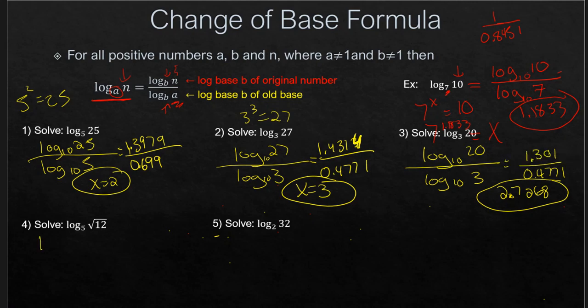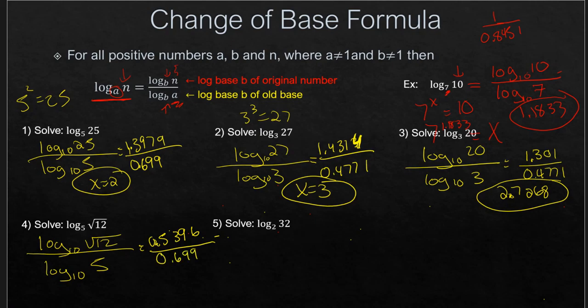So for 4, it's going to be the log, and I'm going to go with base 10, of the square root of 12, over the log in base 10 of the square root of 5. So the log of the square root of 12 is 0.5396, and the log of 5 is 0.699.